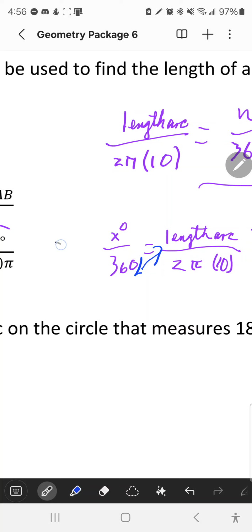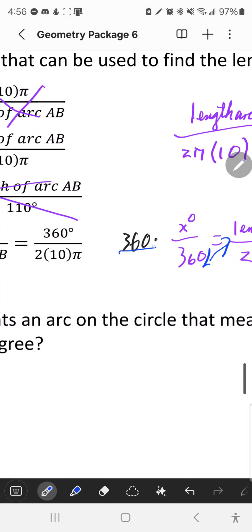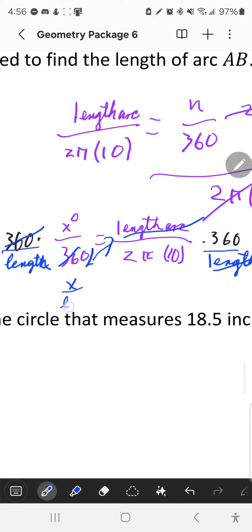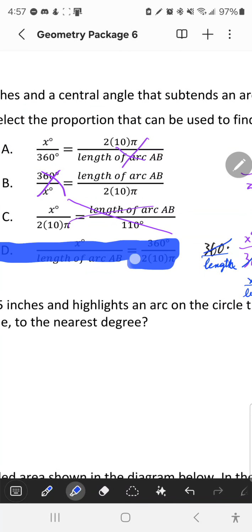I'm multiplying both sides by 360, and then dividing both sides by the length. So this cancels here, this cancels here, and then I have that x over length is going to be equal to 360 over 2 pi 10, which is exactly what we have in choice D.